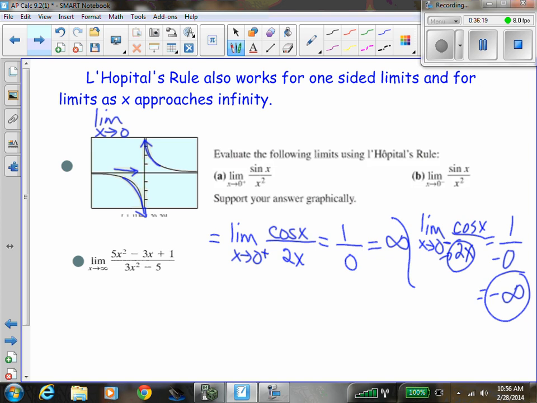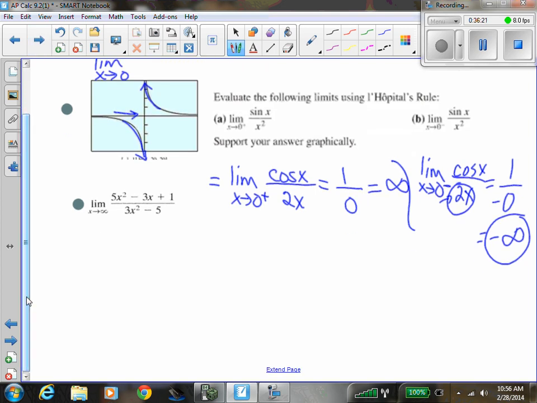Okay? All right? Would you do this one? The limit as x approaches infinity of this. Now, this is just the example of it's okay to take the limit as x approaches infinity as opposed to x approaching a.